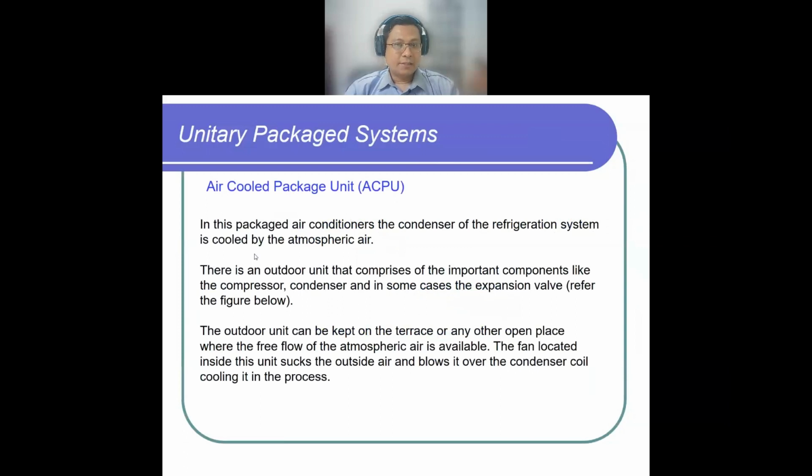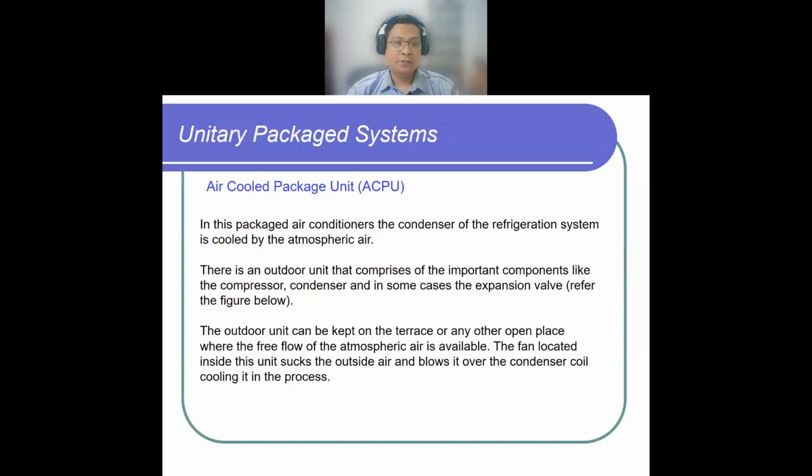Okay, air cooling package unit, ACPU. We will touch on this one in detail. In this package air conditioner, the condenser of the refrigerant system is cooled by atmospheric air. The refrigerant needs an absorber to reject the heat, and they use several fluids.